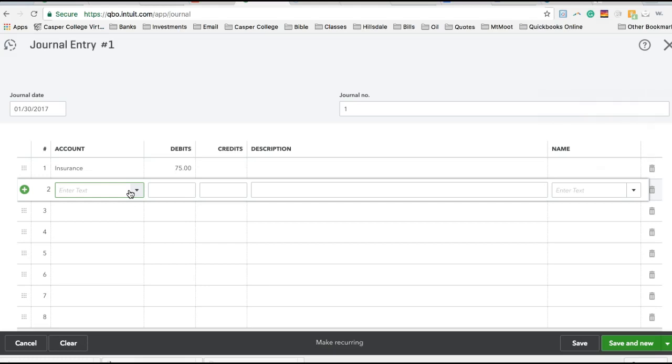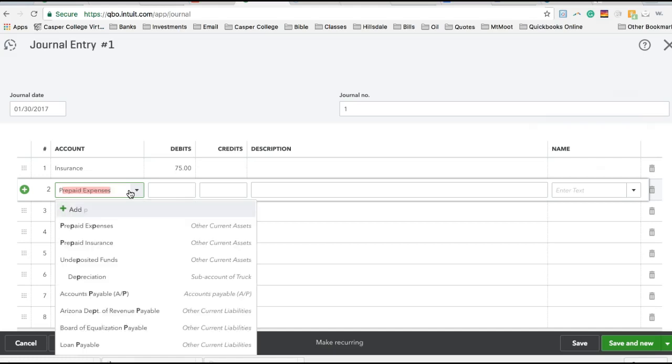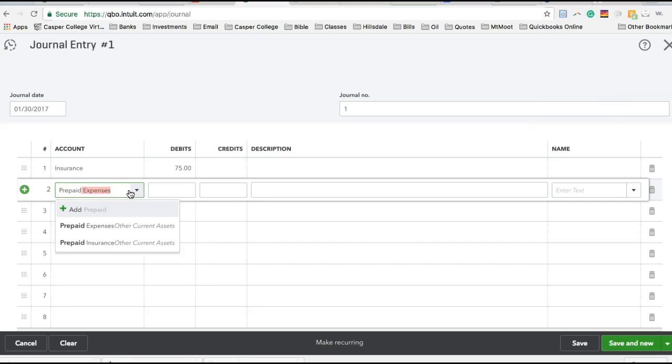If we're going to increase our insurance expense, we're going to have to credit something else, and that would be the prepaid insurance asset account. So we would have a prepaid insurance right here. We happen to have one. It enters it like that, and we would say save it at that point.